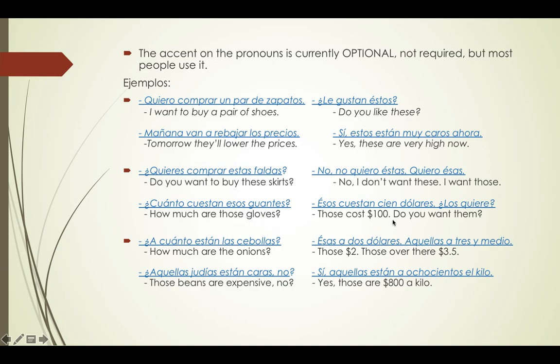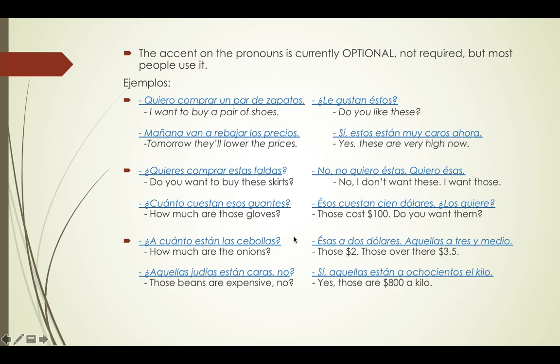Esos cuestan $100. ¿Los quiere? And so esos refers to esos guantes, because we already mentioned how far it is from the speakers. And then, of course, in los quiere, los is a direct object, do you want them? So los also refers to guantes.